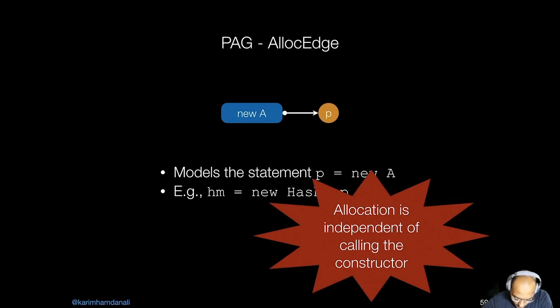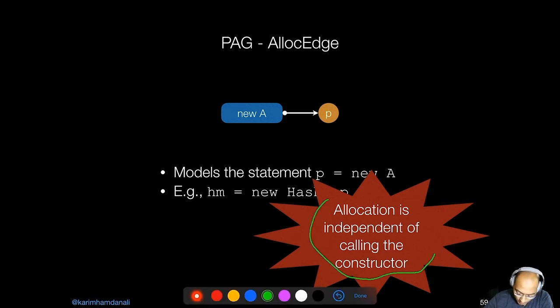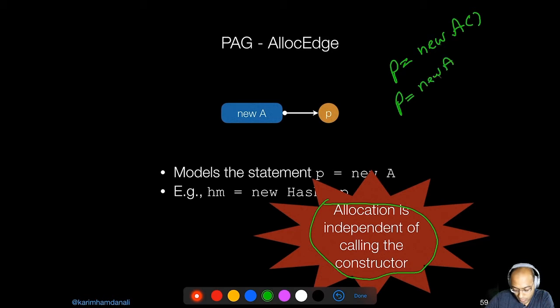One thing to note is, not just in Java, but in many languages, allocation is actually independent of calling the constructor. So in Java, if you say P equals new A, if you look at the bytecode, you will find that first you're going to see P equals new A, and then you're going to see P.init in the bytecode.